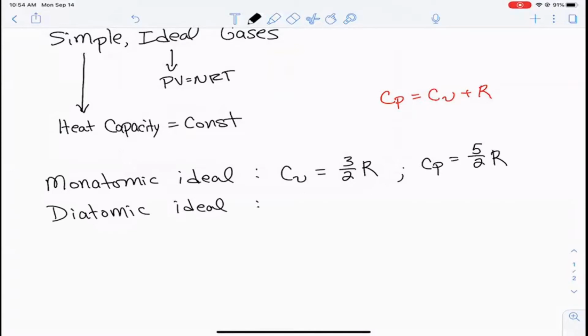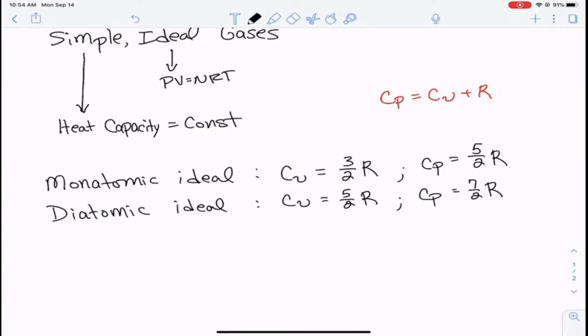And so that gave us an extra R. So the constant volume heat capacity for a diatomic simple ideal gas was equal to 5/2 R, and the constant pressure heat capacity was then 7/2 R. If you could commit these two especially to memory, that would be great. I don't encourage people to just blindly memorize a lot of things, but knowing these will come in handy.